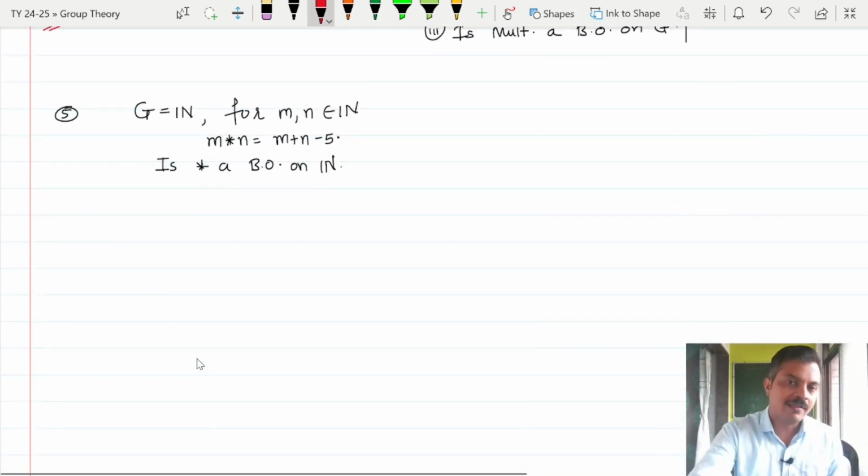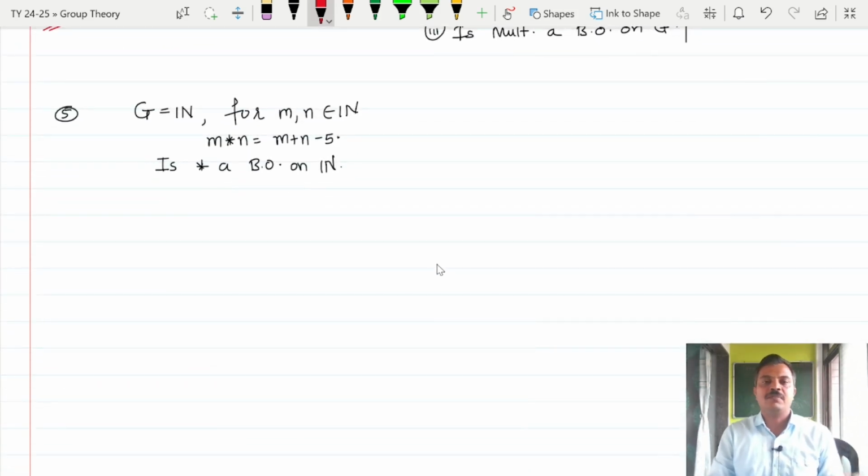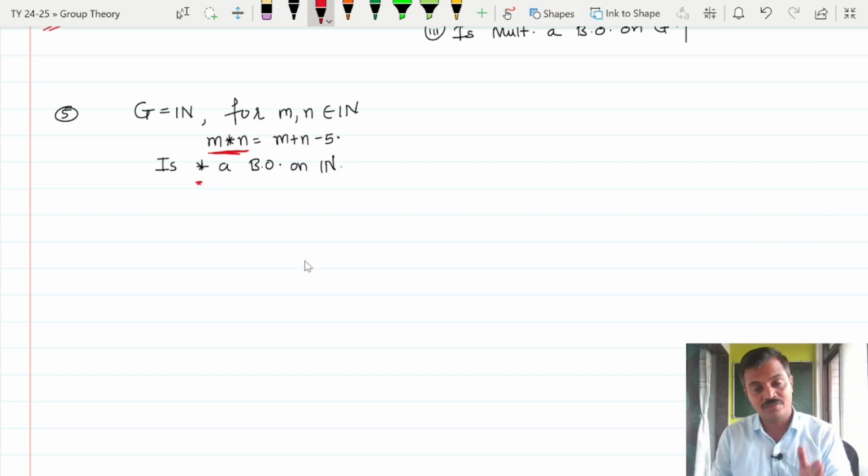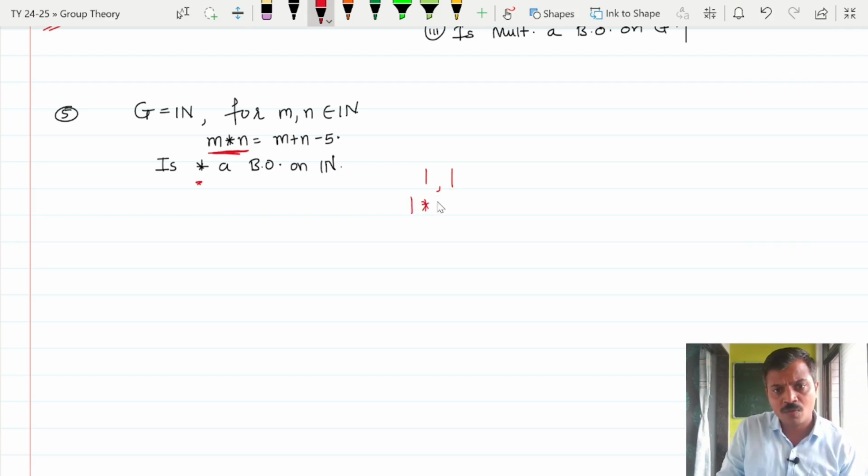Moving towards the final example, here my G is the set of natural numbers. Now we have to check whether the given operation, that is star, is a binary operation on this set of natural numbers or not. Again, we have to pick two elements from the set of natural numbers. Let us say I pick 1 and 1, as repetition is allowed, right? So what will be my 1 star 1?